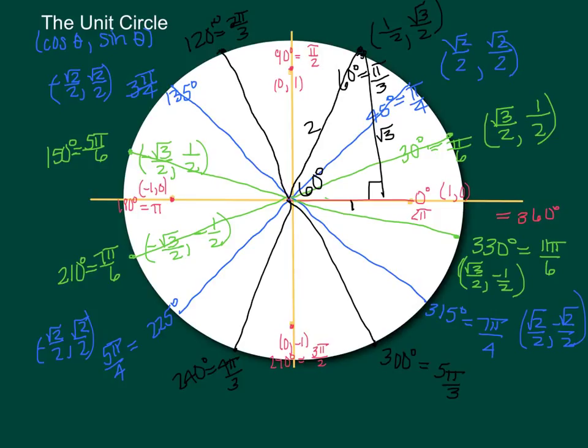So in the second quadrant, the only thing that changes is my x coordinate is negative. In the third quadrant, both coordinates are negative. In the fourth quadrant, only my y coordinate is negative.